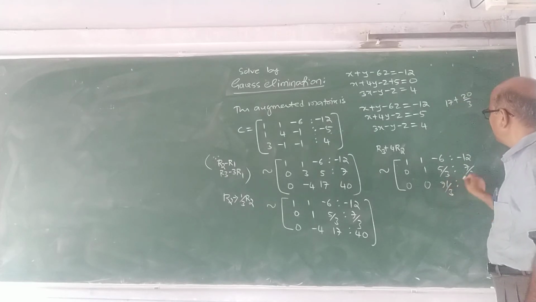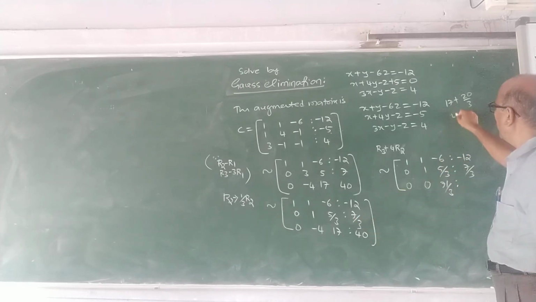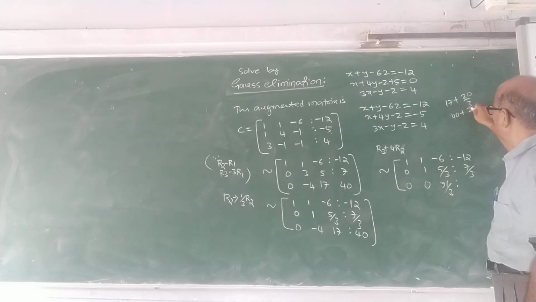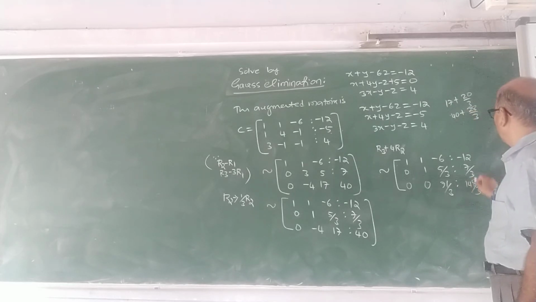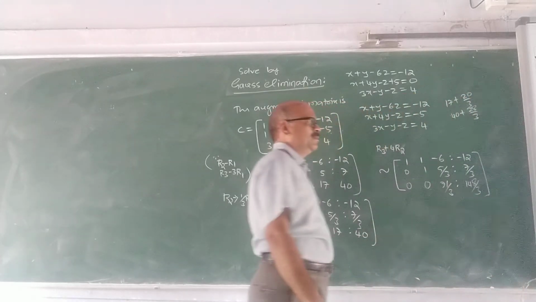Am I correct here? 71 by 3. Then 40 plus 28 by 3 is 148 by 3. Now this is triangular form.